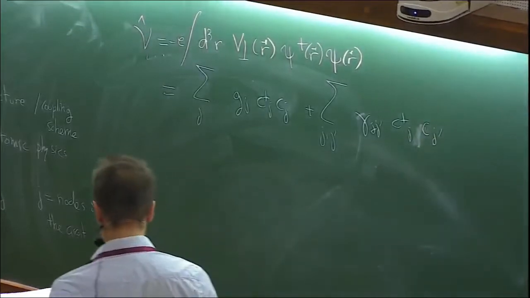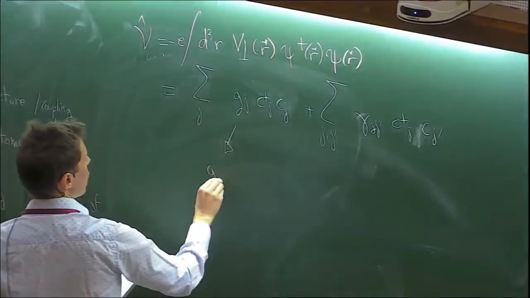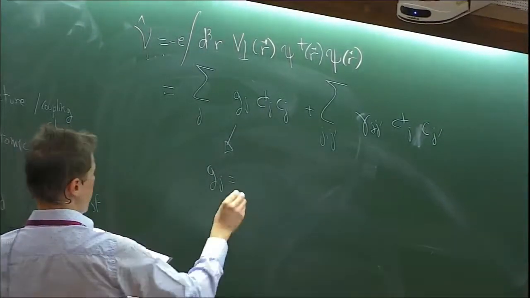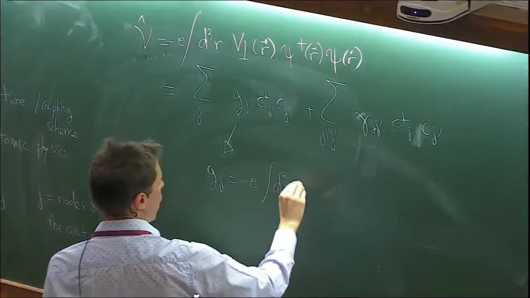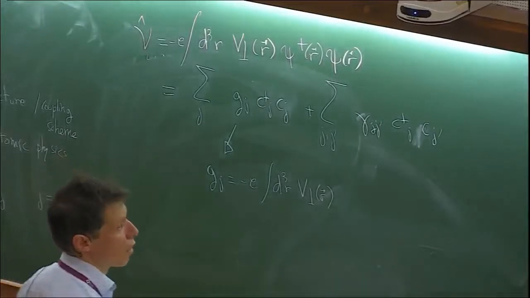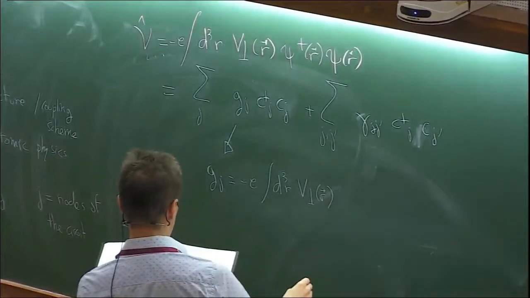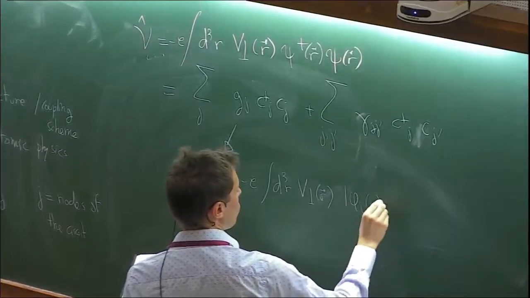The very important thing is that this g is just the average of the transverse part of the photonic field over each orbital wave function.